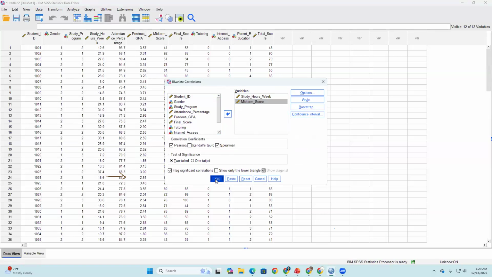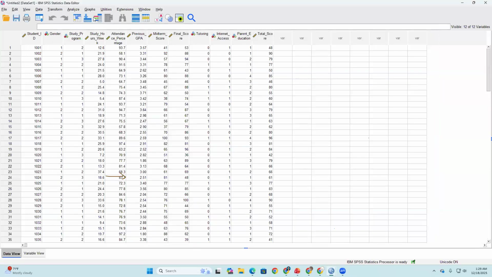Can you see the output? Yes. This non-parametric correlation is for Spearman, when we have non-normal data. If these two variables, study hours per week and midterm score, are normal, we can simply construct their graphs to see whether they are normal or not.